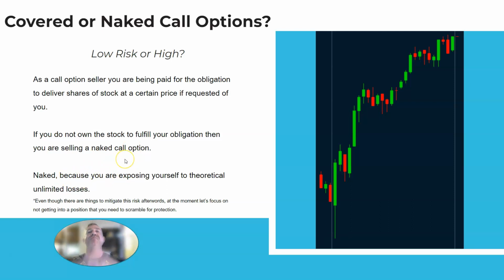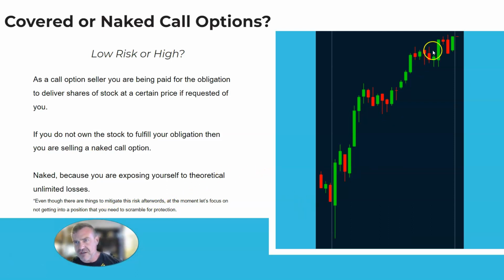Naked because you are exposing yourself to theoretical unlimited losses. Disclaimer: even though there are things to mitigate this risk afterwards, let's focus on not getting into a position that you need to scramble for protection.